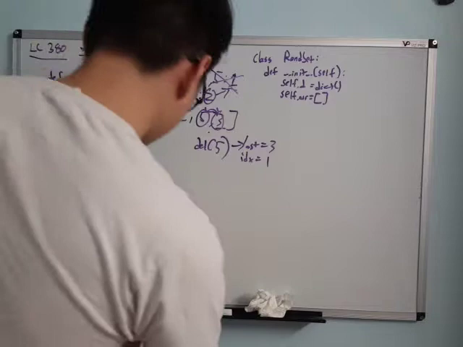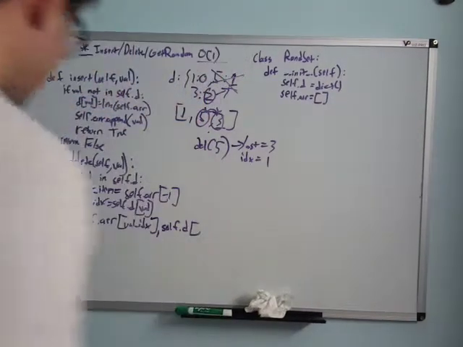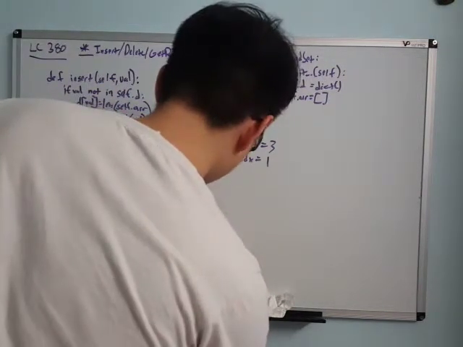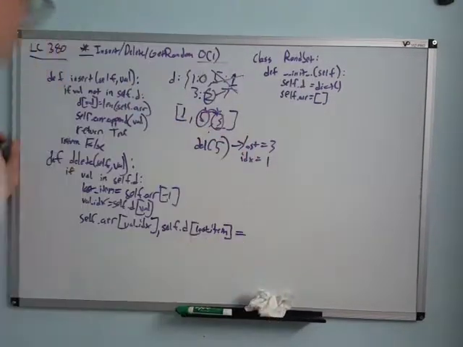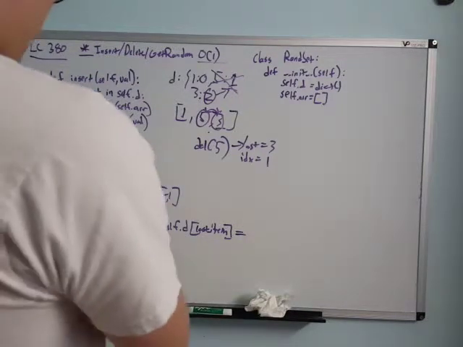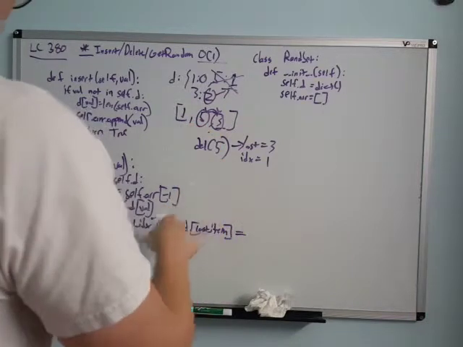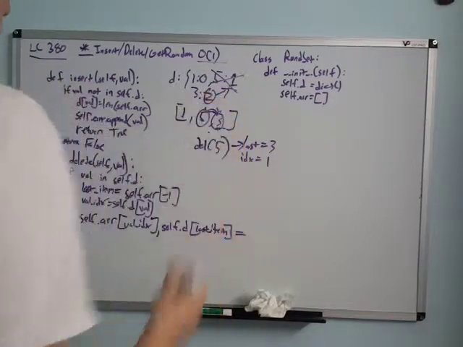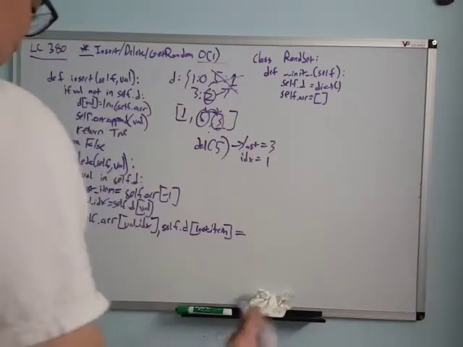Yeah. And self.d of the last item. So we have self.array of idx, which is the 5, and then self.d of last item, which is 2, and we need to swap these. So this is going to be equal to the last item.